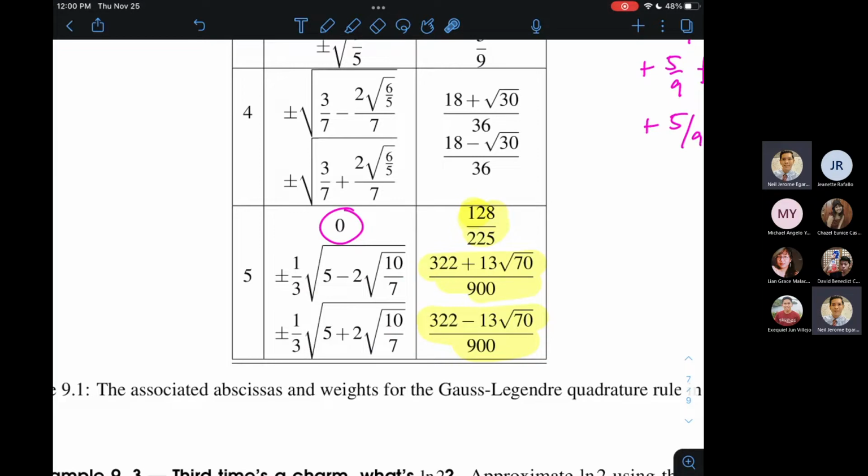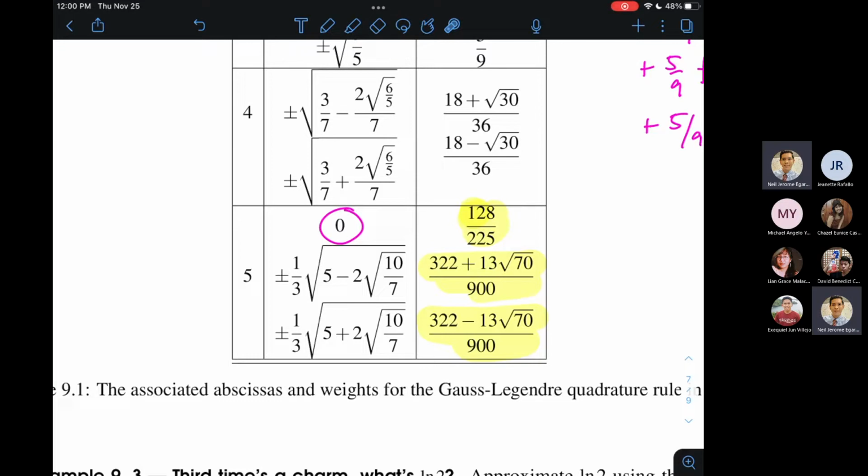All right. And then I hope you now have an idea how to derive, halimbawa, 6-point Gauss-Legendre quadrature rule yung ipapagawa ko. Kunin ninyo lang yung code ninyo para sa Legendre polynomial, ipa-compute kay MATLAB ano yung roots noon, tapos i-plug in yung roots na makukuha ninyo doon sa formula natin para kay W sub i's, and then you're good.